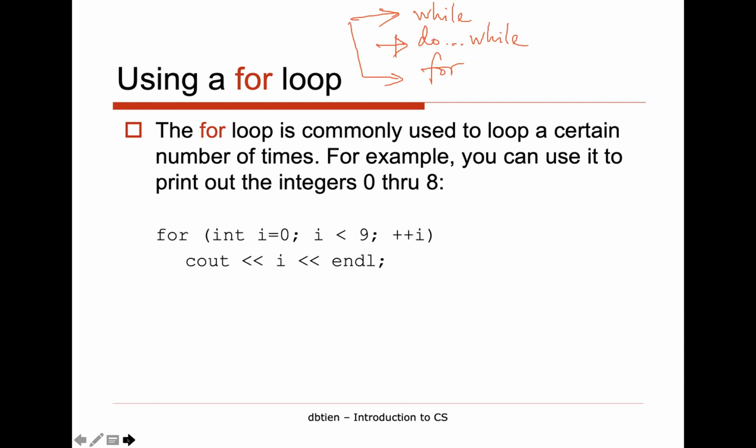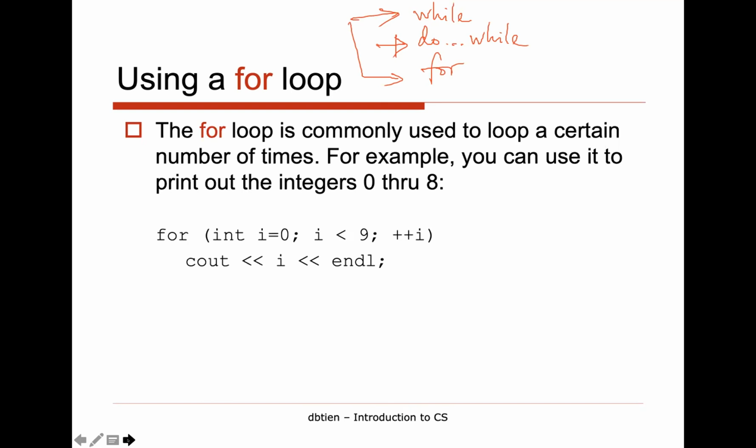Which one do you need to use? It's up to you. As long as they can help you to repeat, it's okay. So don't worry about what kind of loop you are using.